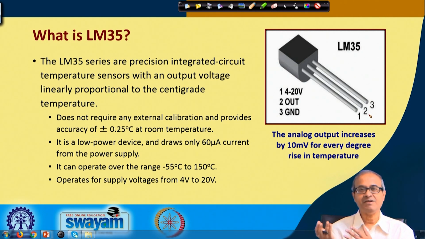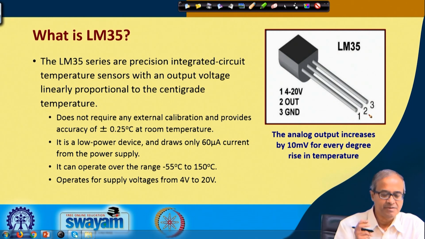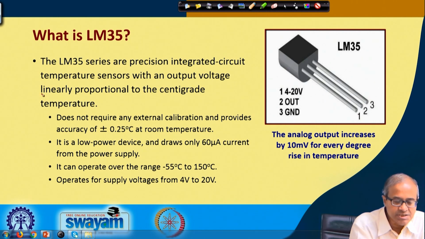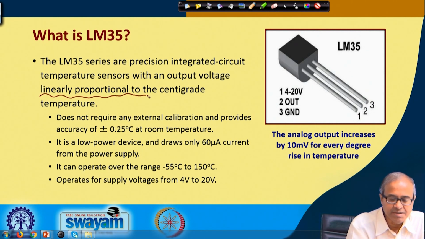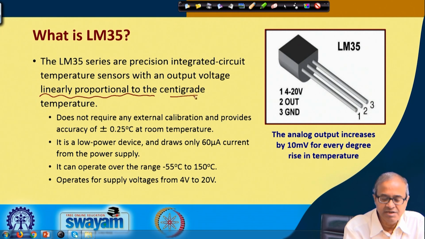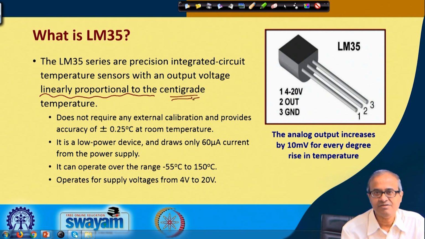There is another version which can also give in degree Fahrenheit. Okay. So, a notable thing is that, as I had said, the output voltage is proportional to the temperature in these sensors. The kind of sensor that we shall be showing you will be proportional to the degree centigrade of the temperature.